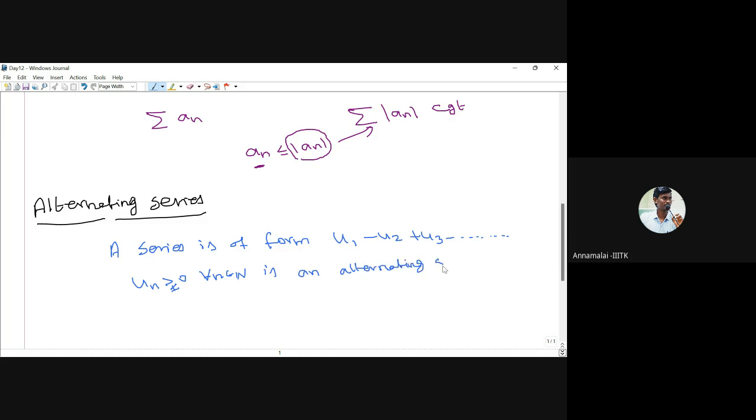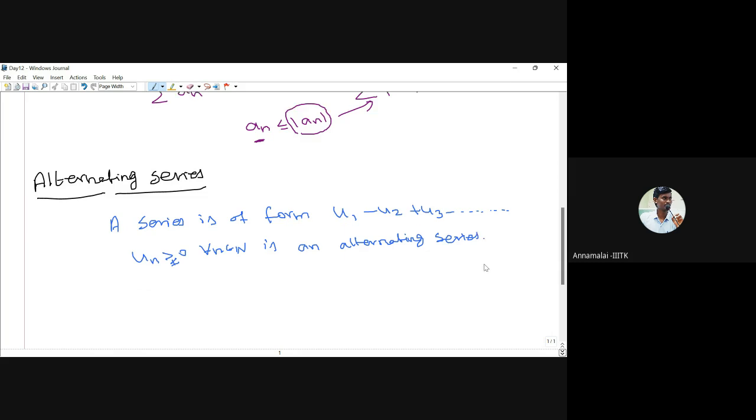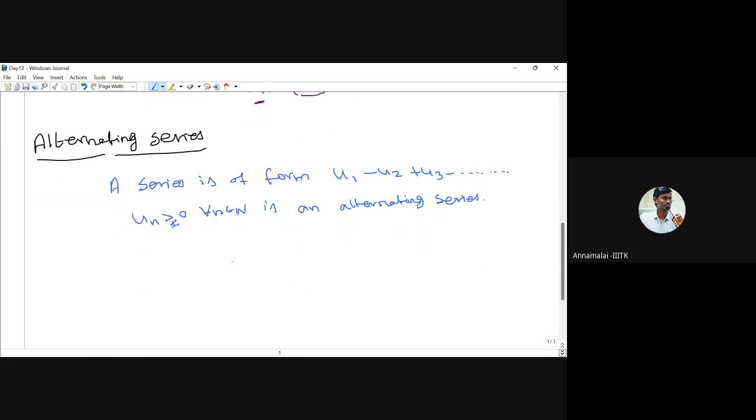Usually we denote this series by summation from n equal to 1 to infinity of minus 1 power n minus 1 times un. Substituting n equal to 1, minus 1 power 0 is 1, so we get u1. Substituting n equal to 2, we get minus u2, and so on.